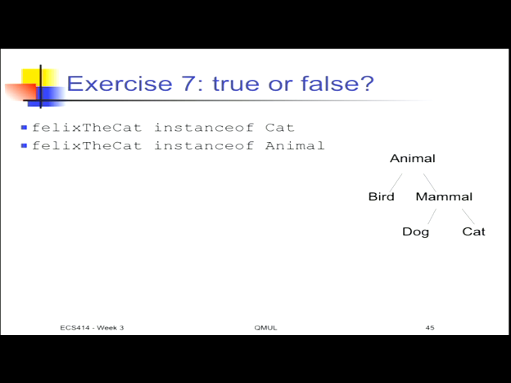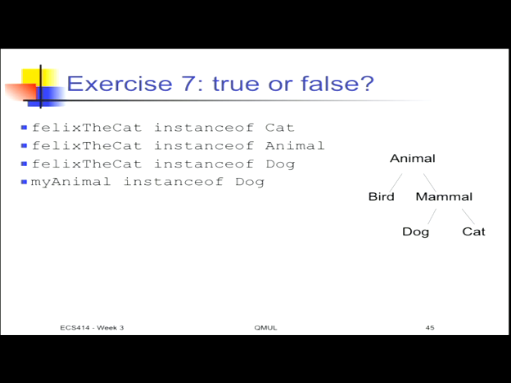Well, if Felix the cat is of type cat, then that would be false, because animal is a superclass of cat. Felix the cat instanceof dog, again, this would be false. If Felix the cat is an instance of cat, it would be false that it is an instance of dog.